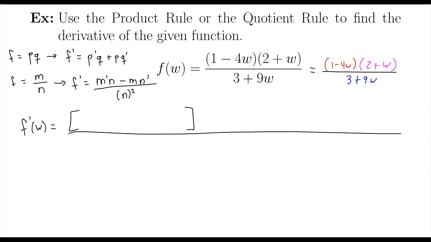So remember, the quotient rule says the derivative of the numerator, that's going to go here, times the denominator. The denominator is 3 plus 9w, minus the top as is. Let me go ahead and fill in the top, since I don't have to find the derivative, I don't have to change anything yet.